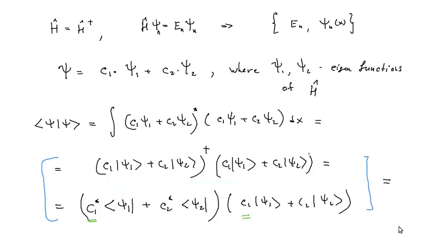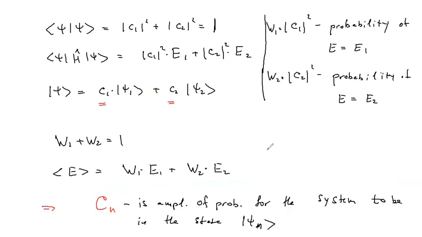In quantum mechanics, if you have an expansion of your function over other states, let's say eigenstates of a Hermitian operator, then the coefficients of this expansion will give you the amplitude of probability that your particle, your system, will be in this state or maybe in that state.